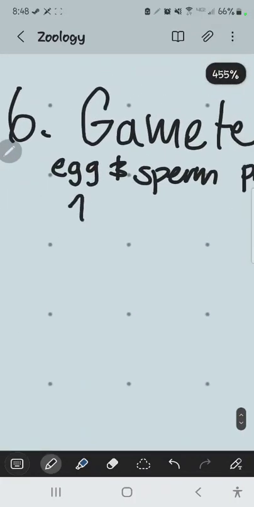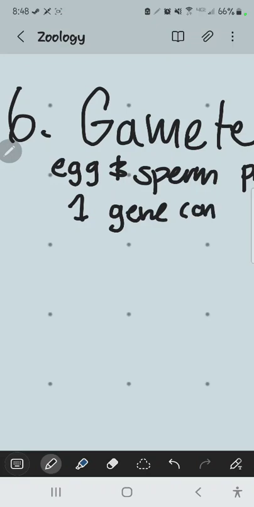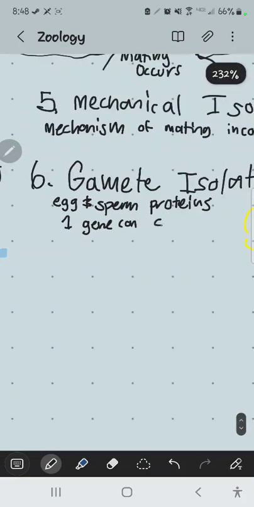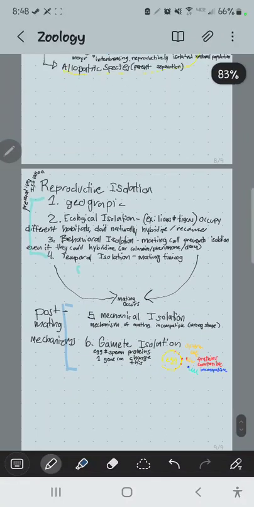Matings obviously happen if you have egg and sperm mixing together, but if the egg and sperm can't combine their chromosomes, fertilization can't occur. So this is pre-fertilization, or what the textbook calls pre-zygotic, meaning that no fertilization happens.